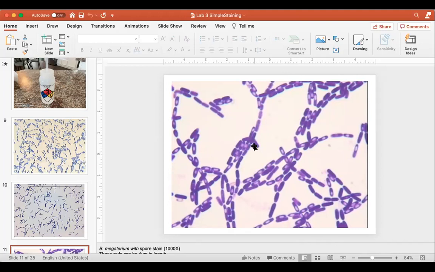So very interesting. And spores don't take up stain. And that's why you're seeing them without any color here. They will not take up the stain that the rest of the cell takes up.